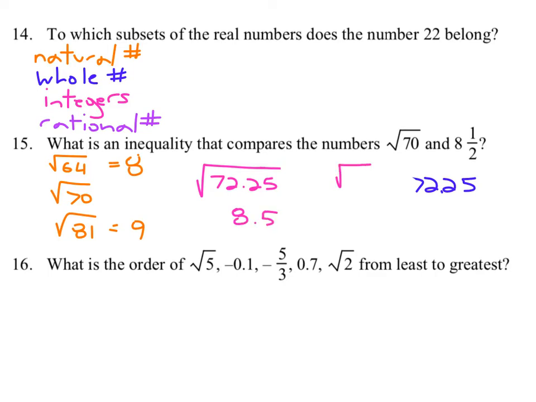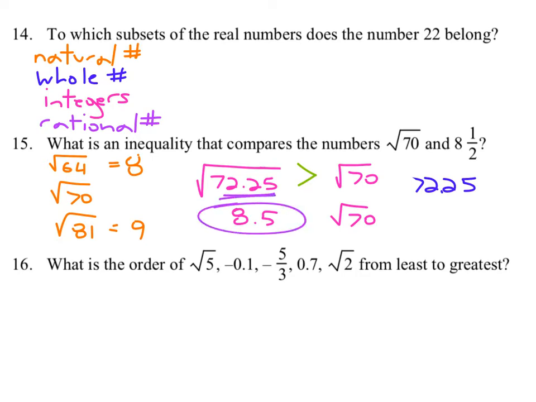Okay, now let's compare it to the square root of 70. Well, clearly, 72.25 is bigger because it's a bigger number that you're square rooting, right? You're going to have a bigger root in order for it to square to 72.25 instead of just 70. So rather than calculate the square root of 70 to a whole bunch of decimal places, you can just say, well, why don't I just square this?